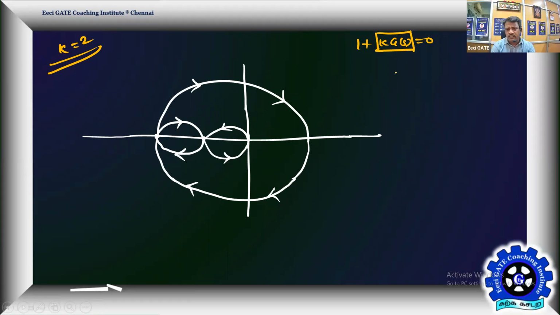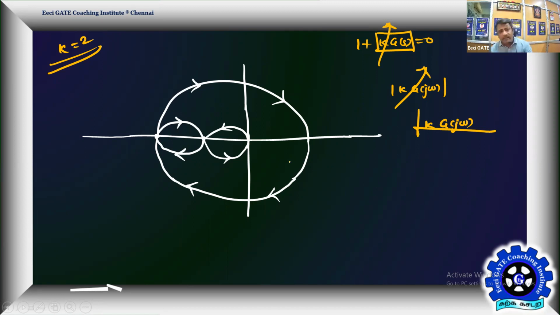What is going to happen is, when K increases, the modulus of K into G of j omega is also going to increase. So when K doubles, the entire gain is going to double. Remember that we have K into G of j omega, and the angle also, but K does not contribute any angle.